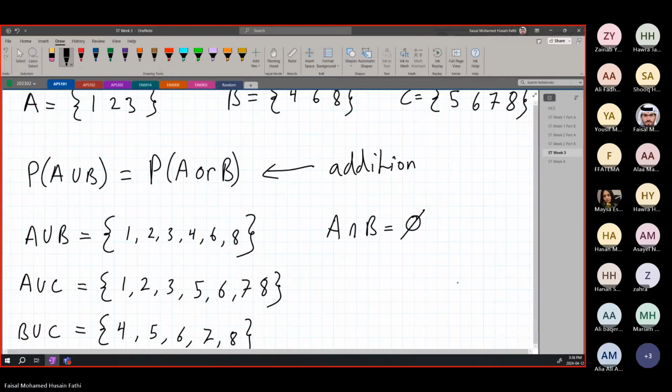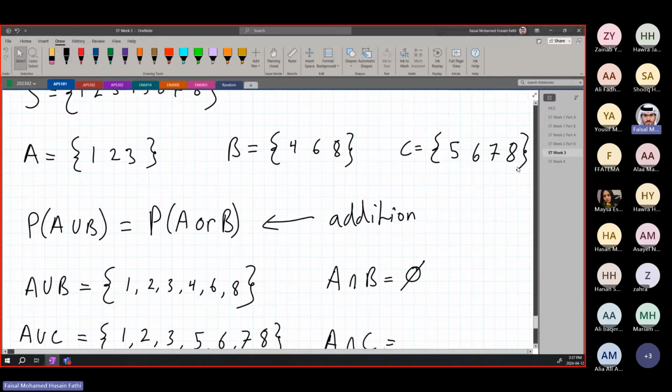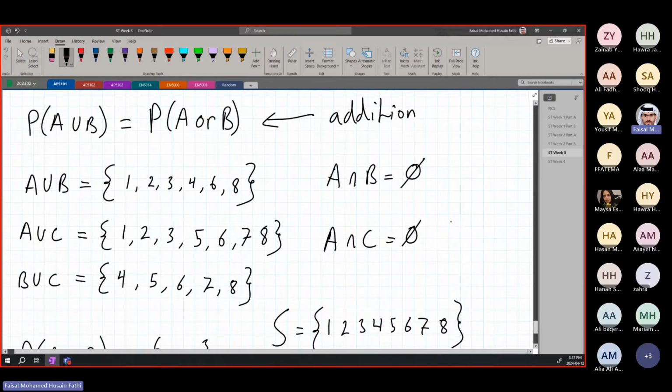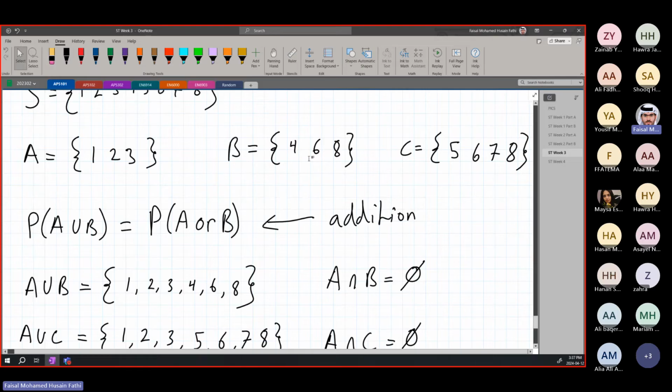All right? And what is B intersection C? Or A intersection C? Again, in this case, A intersection C is also phi, because if you notice, this is 1, 2, 3. This is 5, 6, 7, 8. Nothing in common. But B intersection C here, we do have common. We have 4, 6, 8 here. We have 5, 6, 7, 8 over here.